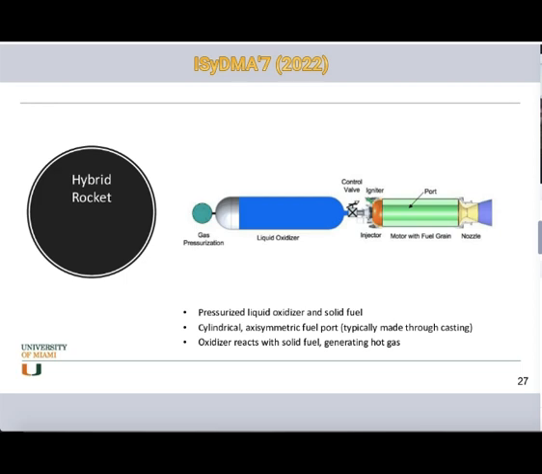And this combustion uses solid fuel, and we can use a liquid, but in the work we have performed, we have used the solid. For the liquid oxidizer, we use oxygen gas, and the reaction itself is done in the port, and we have an exothermic reaction. This is the combustion chamber that we are using.